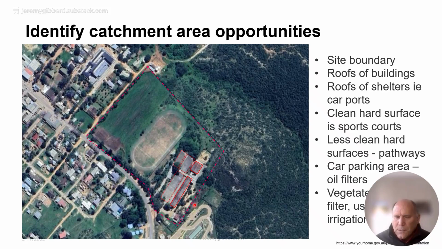If there are car parking shelters, carports, you can use those. Much better because they're cleaner and they're already high up, so you've got some gravity that you can use to fill your rainwater tanks. If that isn't sufficient, then start looking at clean hard surfaces, things like sports courts, etc. Generally avoid things like car parking areas because of the oil, but if it is for something like irrigation, you can also put in an oil filter for that.